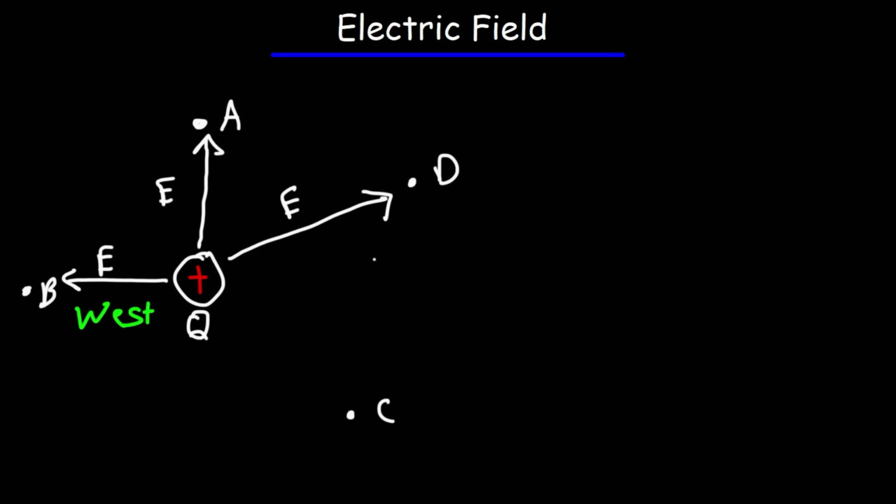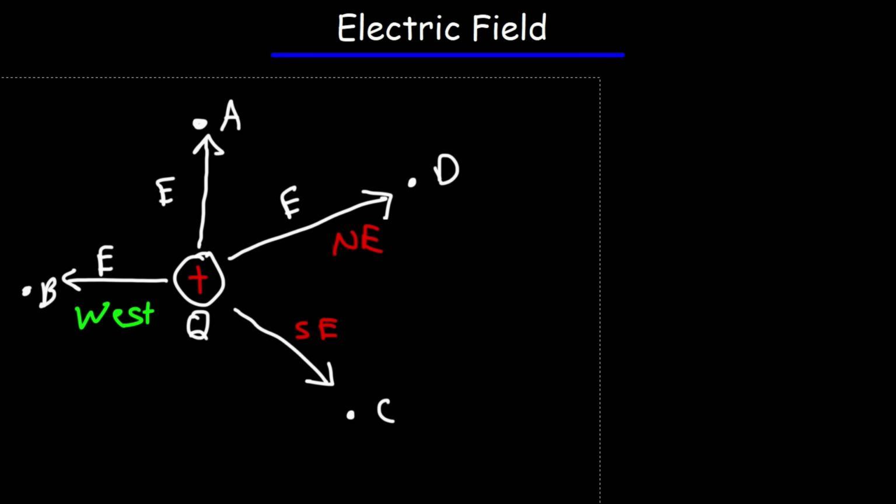So it appears to be going in the northwest direction. And for point C, just draw it towards point C. Oh wait, I have to make a correction. That is not northwest, that is northeast. And this is southeast.